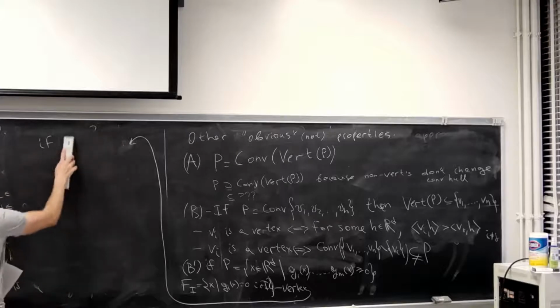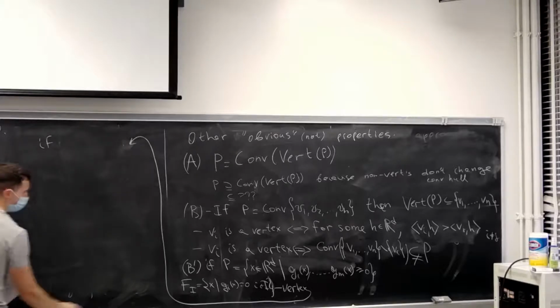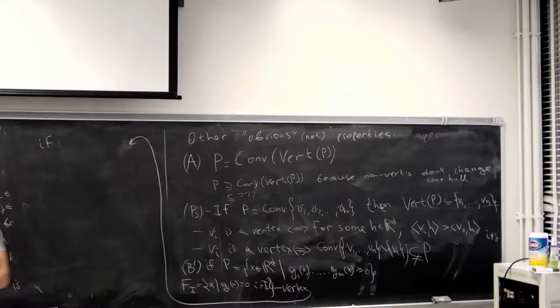So what would be a sufficient condition for a face like this to be a vertex?